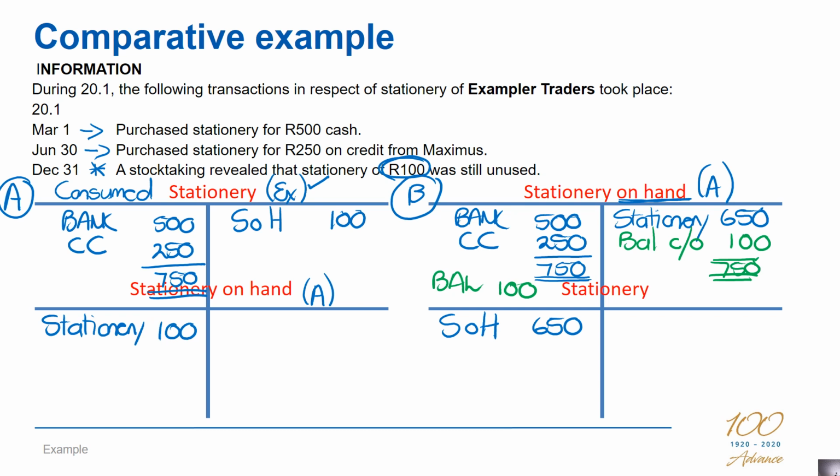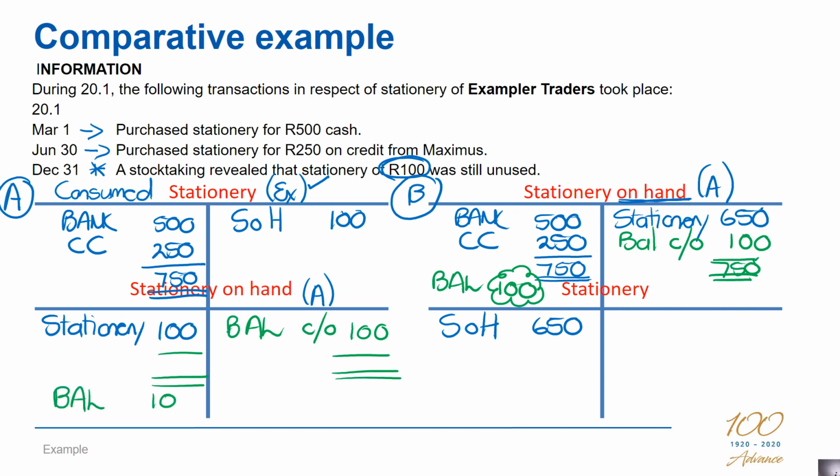Can you see this 100 Rand and this stationery on hand on this side will also be balance carried over of 100 Rand and the balance brought down of 100. So the asset accounts will have exactly the same balance, and that's what I saw with my eyes according to the physical stock taking. So that's my asset account.